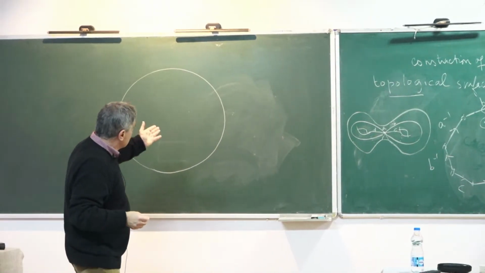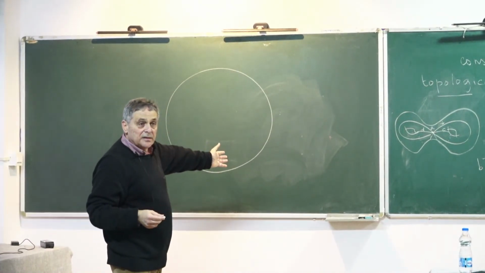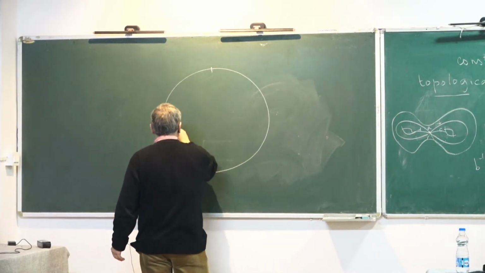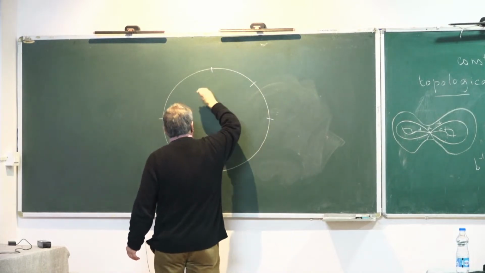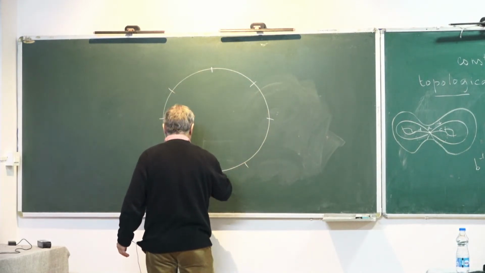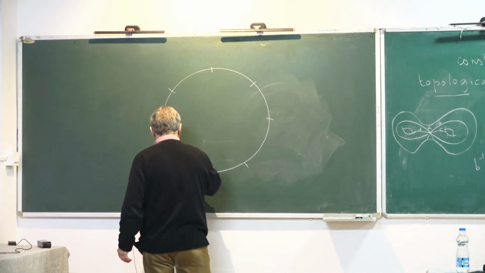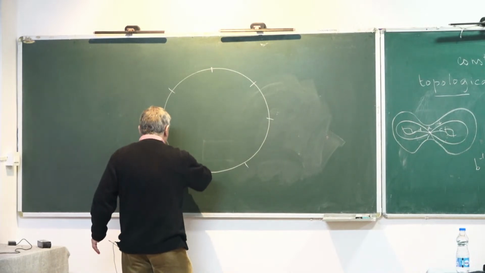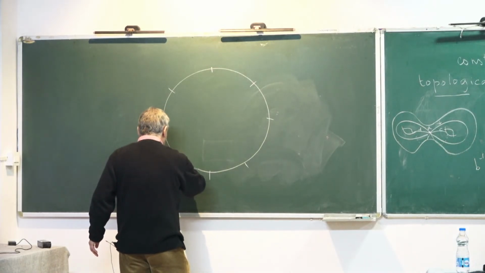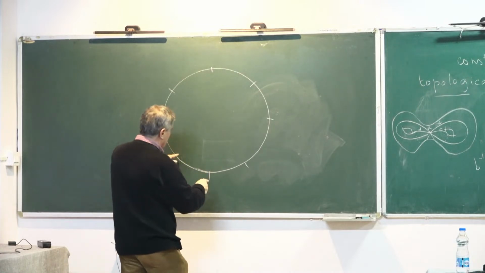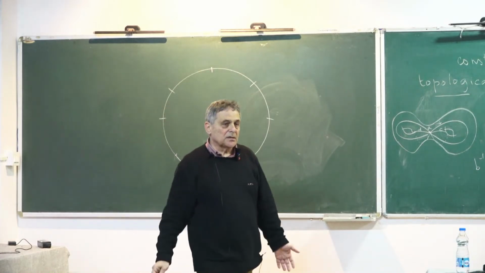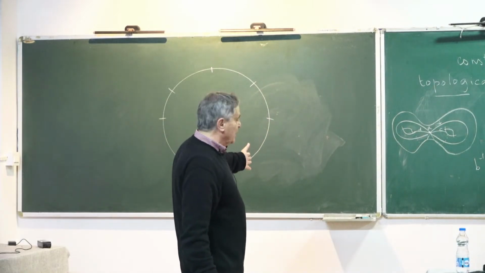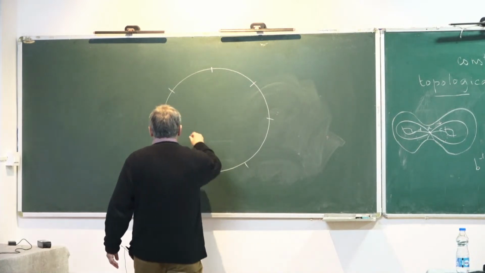Okay, this is my hyperbolic plane. Let me mark 4 points on the boundary, equidistant from each other. This does not mean anything in hyperbolic geometry because the distance between points on the boundary is not defined, in fact. But for my picture, it is okay. So I take this, and then I construct this.